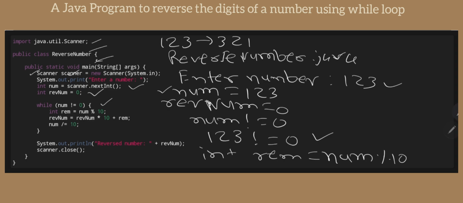So here num is 1, 2, 3 modulo 10. The modulo operator gives the remainder. So when we divide 123 by 10, it will give the remainder 3. So rem is 3, remainder is 3.